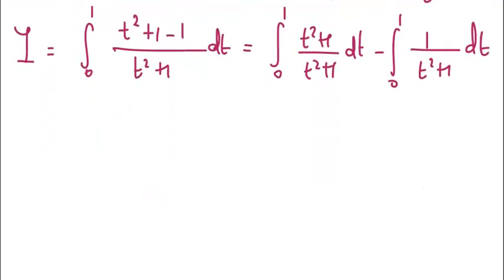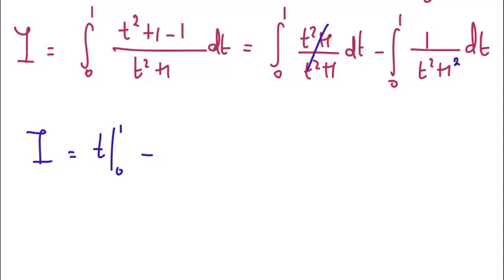From here, we know this gets cancelled, we have 1. The integral of 1 with respect to t gives us t. So I is equal to t with limits running from 0 to 1, and then minus. This 1 here is the same as 1 squared.